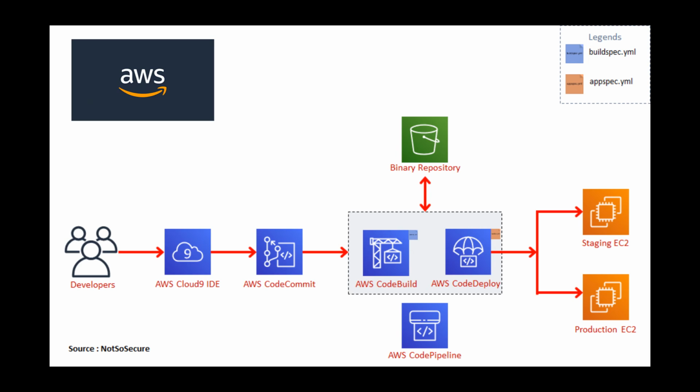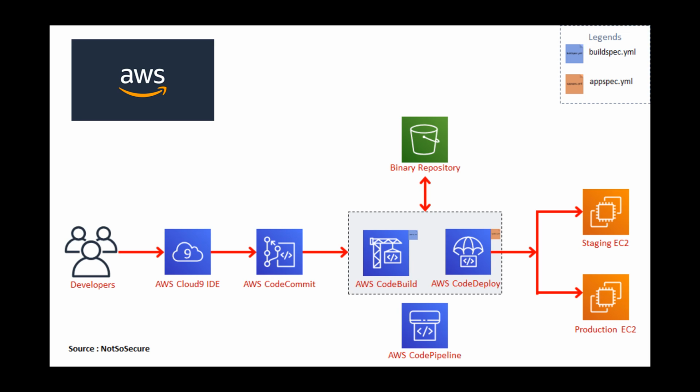AWS Cloud9 is a cloud-based integrated development environment that lets developers write, run, and debug their code using a browser. They just need a browser for this process. It includes a code editor, debugger, and terminal with customizable plugins.